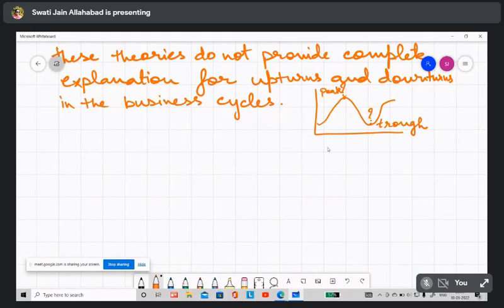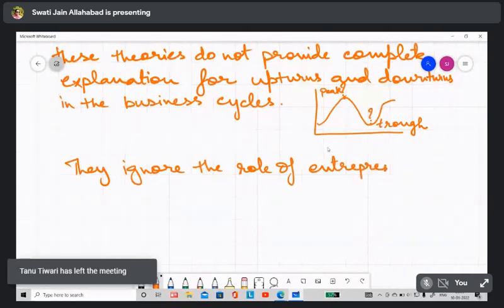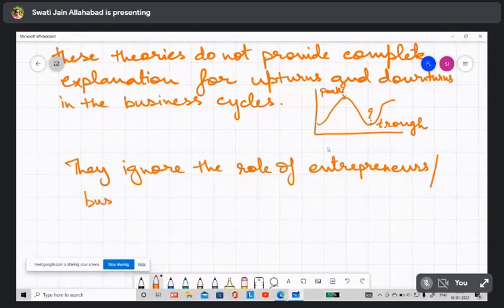So therefore, one of the major shortcomings in both these theories is they ignore the role of entrepreneurs, or businessmen, or innovators.